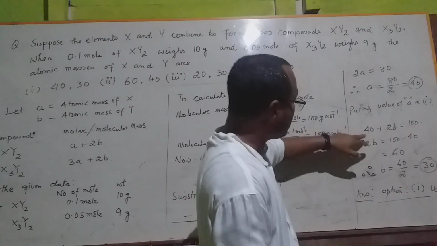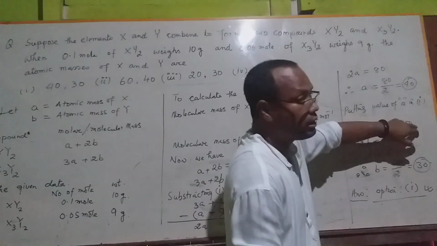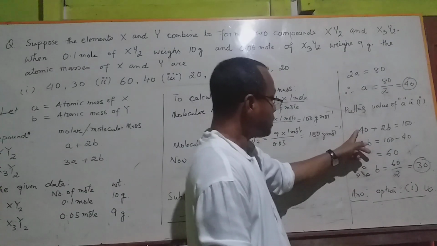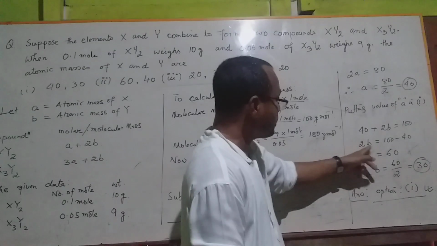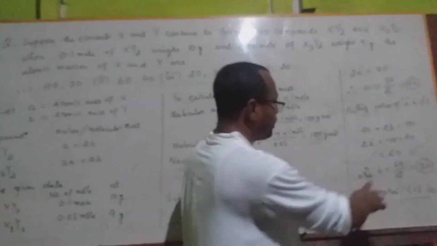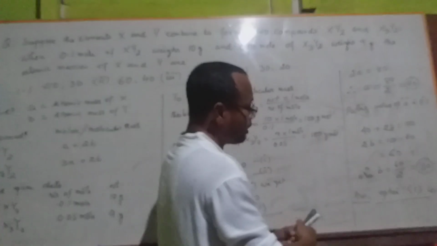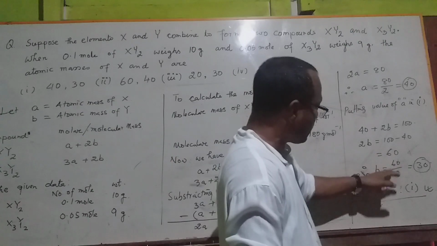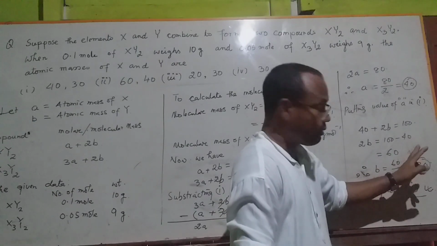So 40 plus 2B is equal to 100. Bringing the 40 across, 2B is equal to 100 minus 40, which is 60. So B is equal to 60 divided by 2, which is 30. This is the atomic mass of Y.